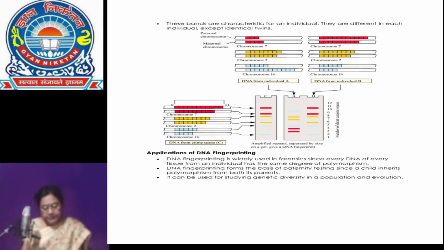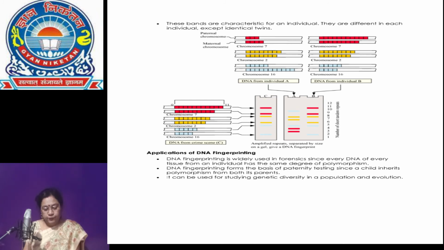Next, the hybridized DNA fragments are detected by autoradiography. They are observed as dark bands on the X-ray films. These bands, which are of different shapes and sizes, give a characteristic pattern for an individual's DNA.